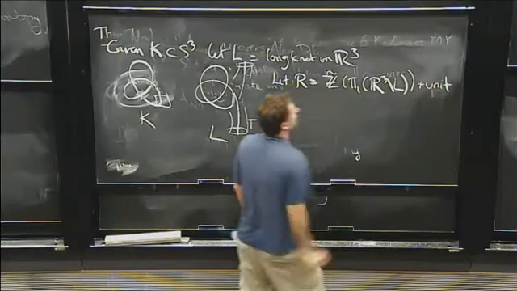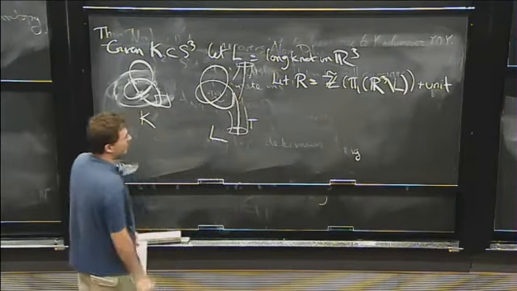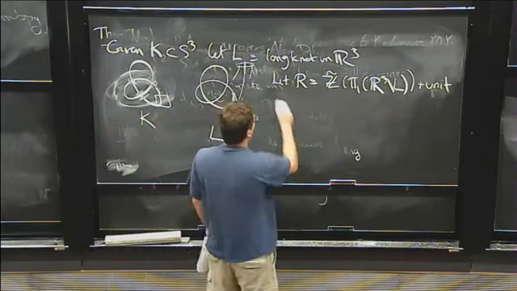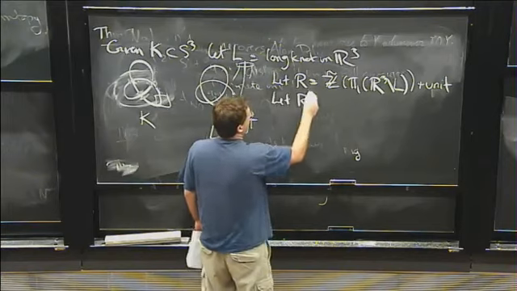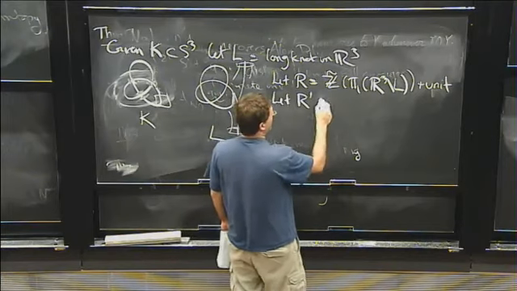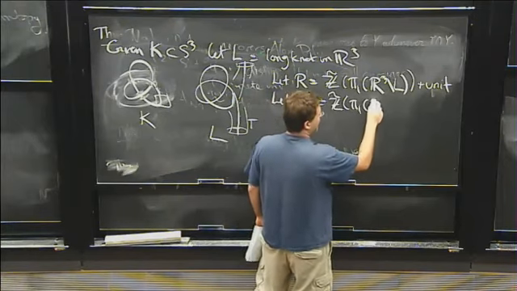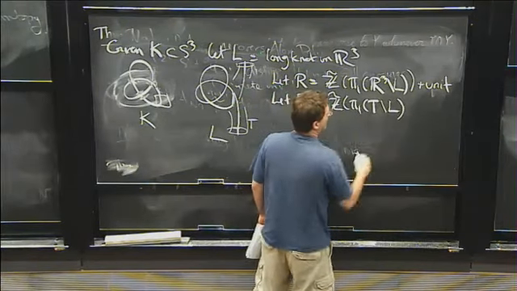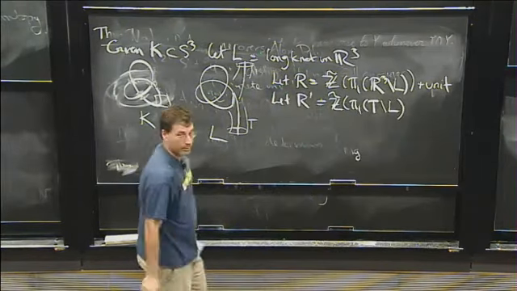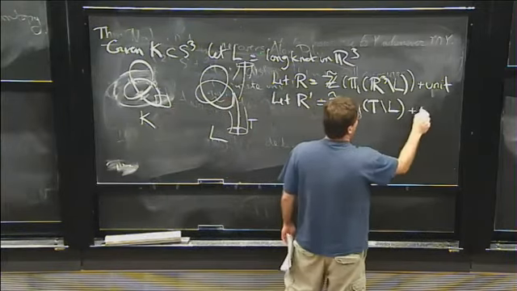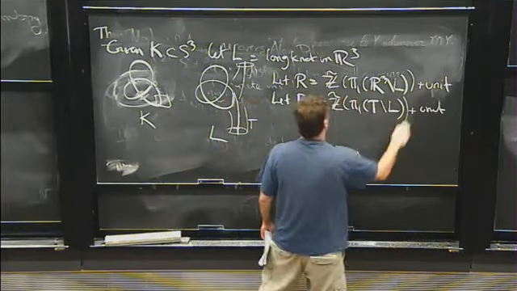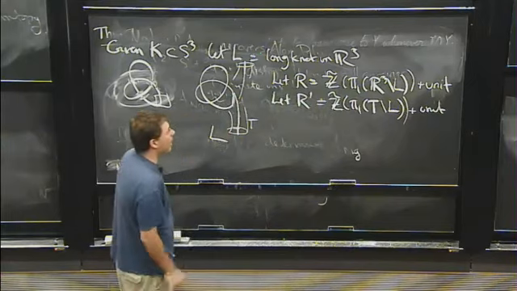Okay, there doesn't exist a unit naturally, so I'm going to add it. And I can look at some subring, the twisted group ring of the tube, complement of this long knot in this tube, and add a unit.